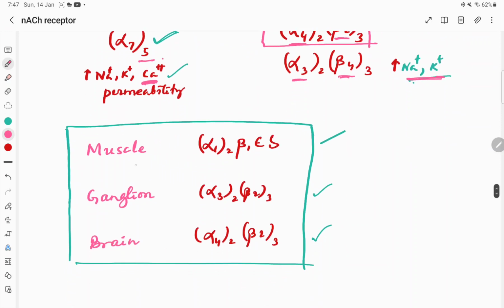So we can have mainly three types of receptors found in mammals. In muscle it is alpha 1, 2, beta 1, epsilon, delta. In ganglion it is alpha 3, 2, beta 2, 3. In brain it is alpha 4, 2, beta 2, 3.